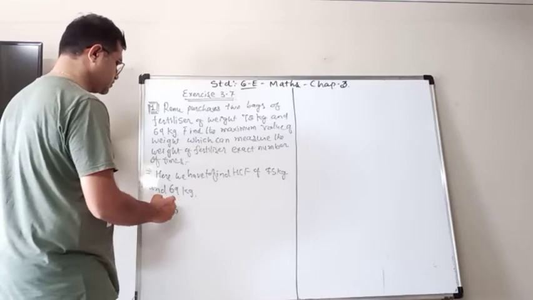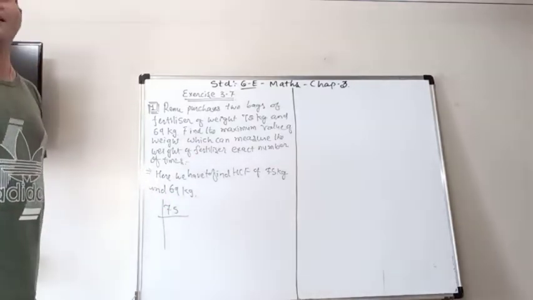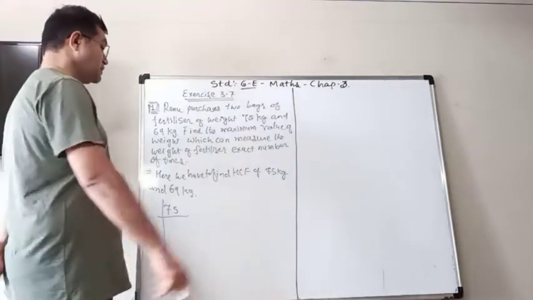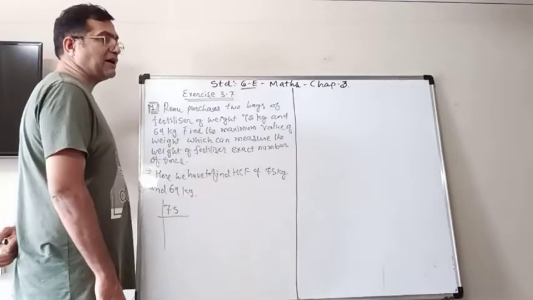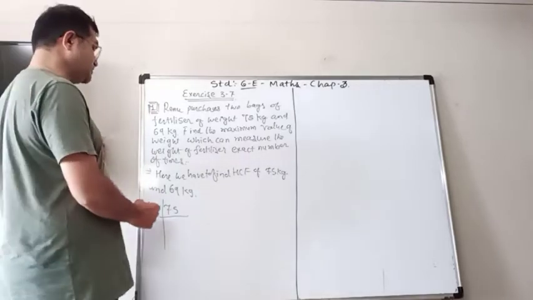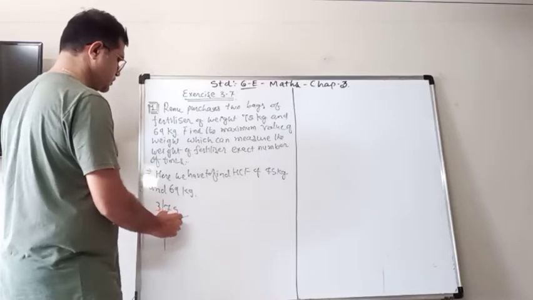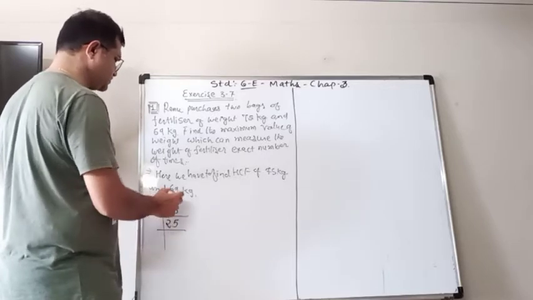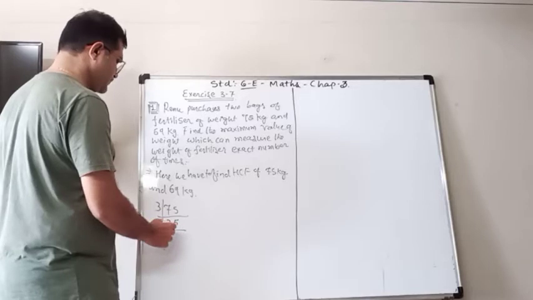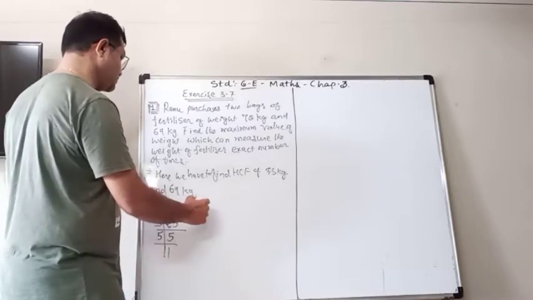So we know that the base is to find the prime factorization. 75 is not divisible by 2, but it is divisible by 3. So 3 twos are 6, 3 fives are 15, 3 twenty-fives are 75, 5 fives are 25, and 5 ones are 5.